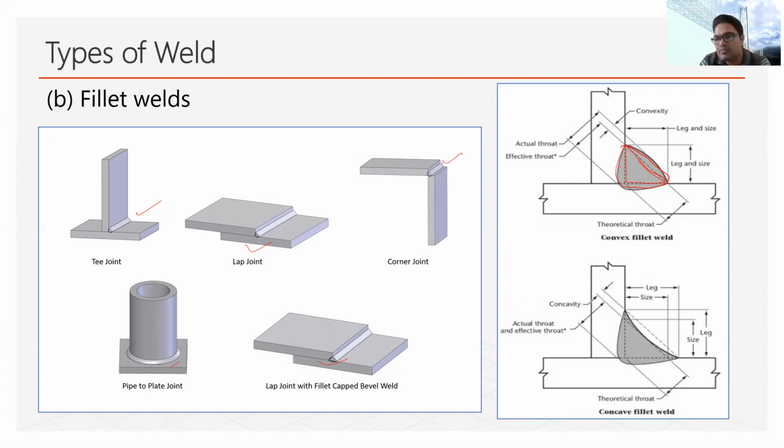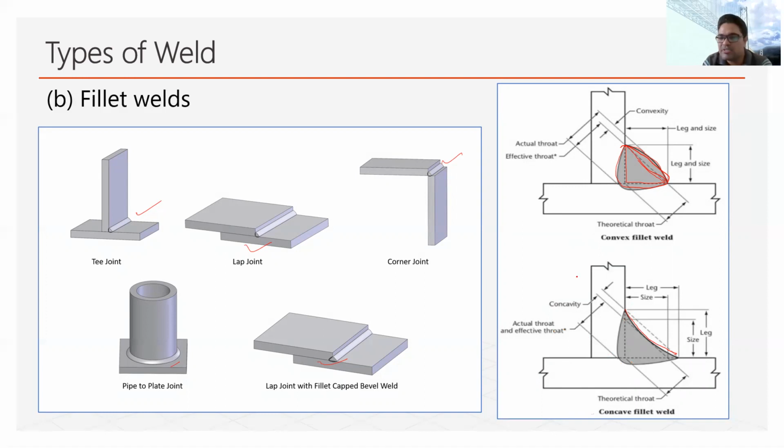The rest may be excessive weld material, but we only consider the triangular part. Similarly, if the surface of the weld is something like this, then it becomes convex. Similarly, if the welding is dressed or polished, the face can be concave also.